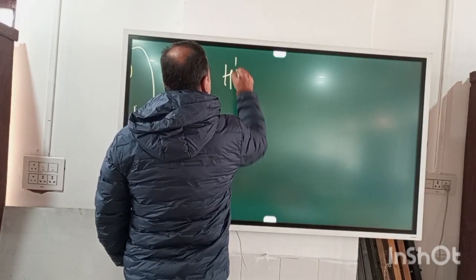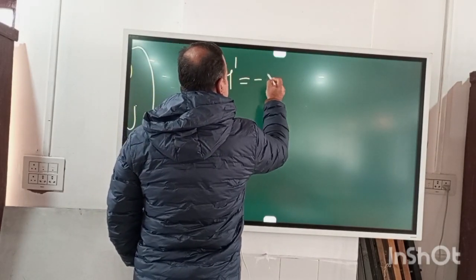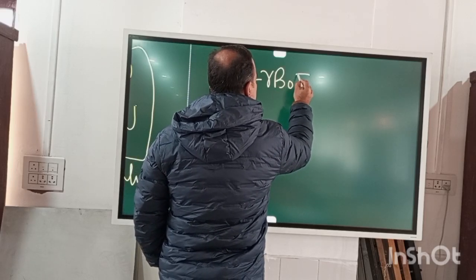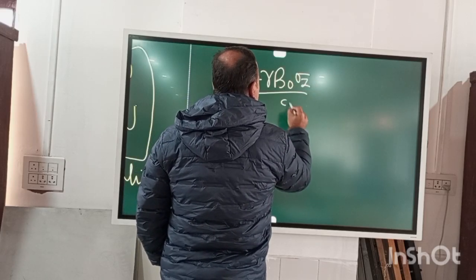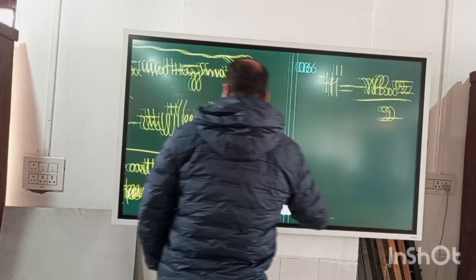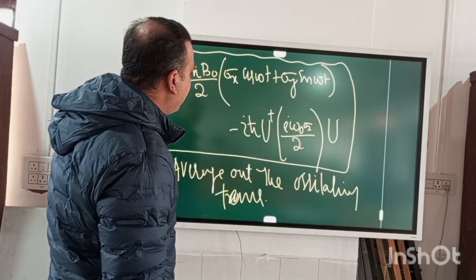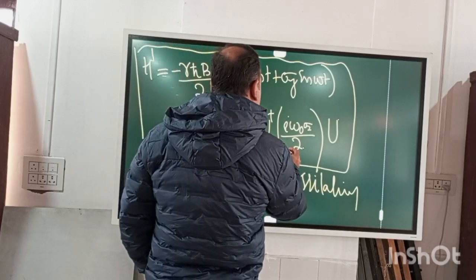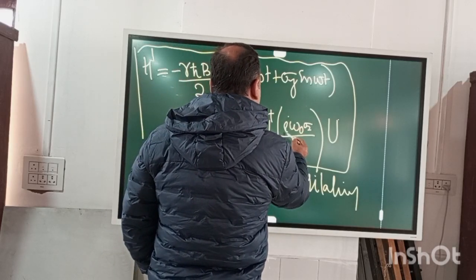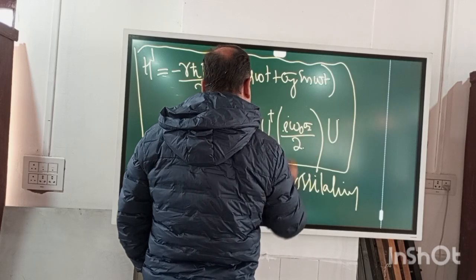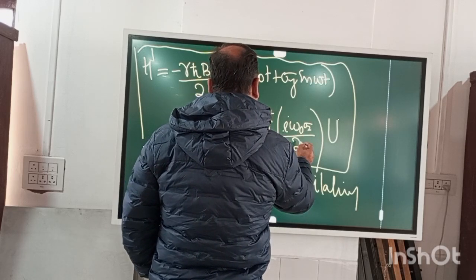H dash comes out to be minus gamma b naught sigma z by 2. And for this we have i, then omega naught sigma z, and this 2.